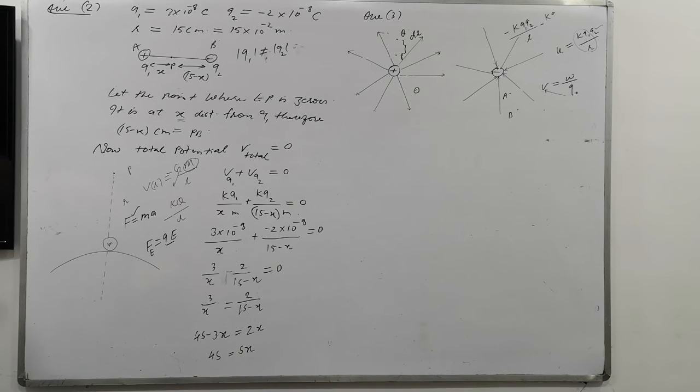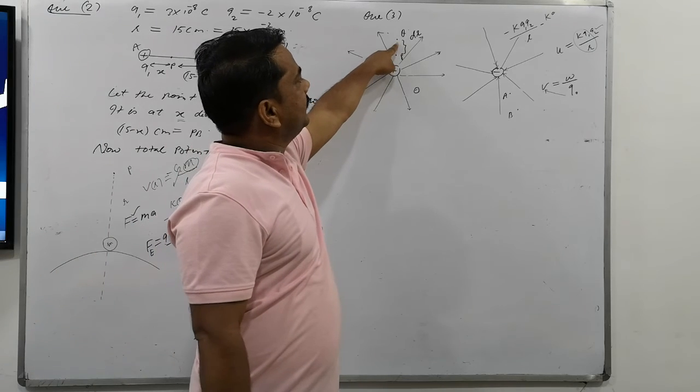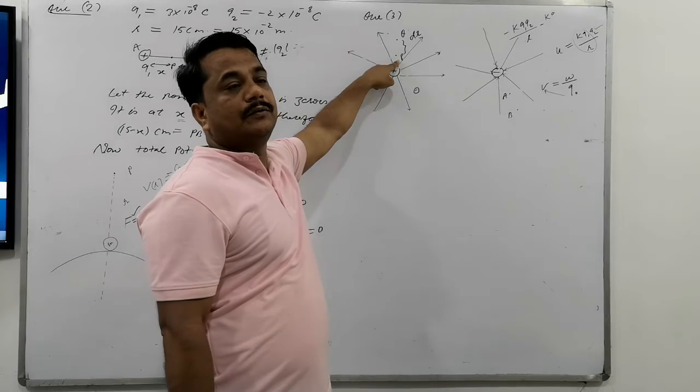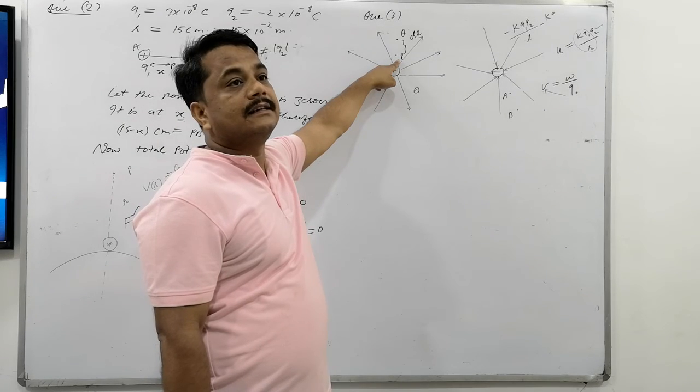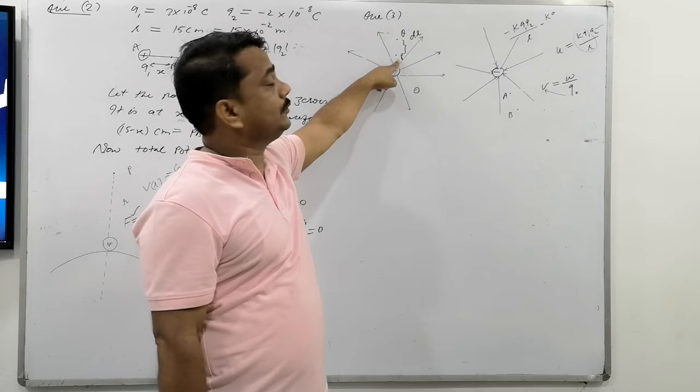Third question. What is the third question saying here? In the case of the third question, sign of work done in P to Q. Obviously, if you bring Q to P, work will be done against the field. The field is to do work here.